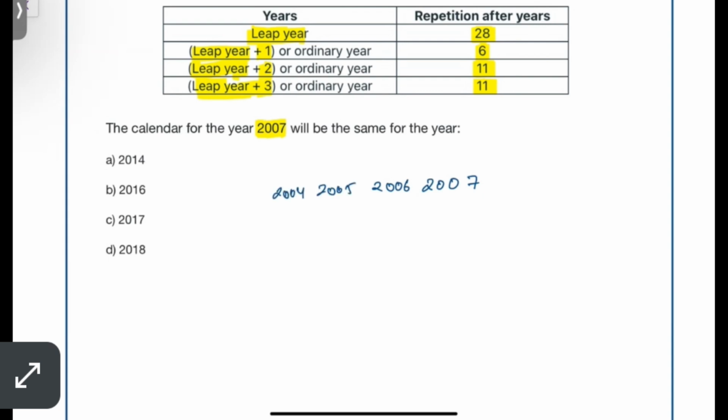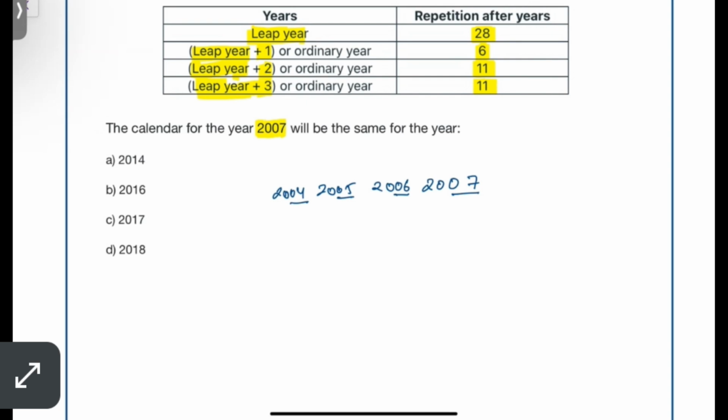If you look through this, the last two digits, you divide by 4. 7 is not divisible by 4. What about this one? 06, will it be divisible by 4? No. 05, will it be divisible by 4? No. 04 it is divisible by 4 because 04 is nothing but 4 only, so 4 is divisible by 4.